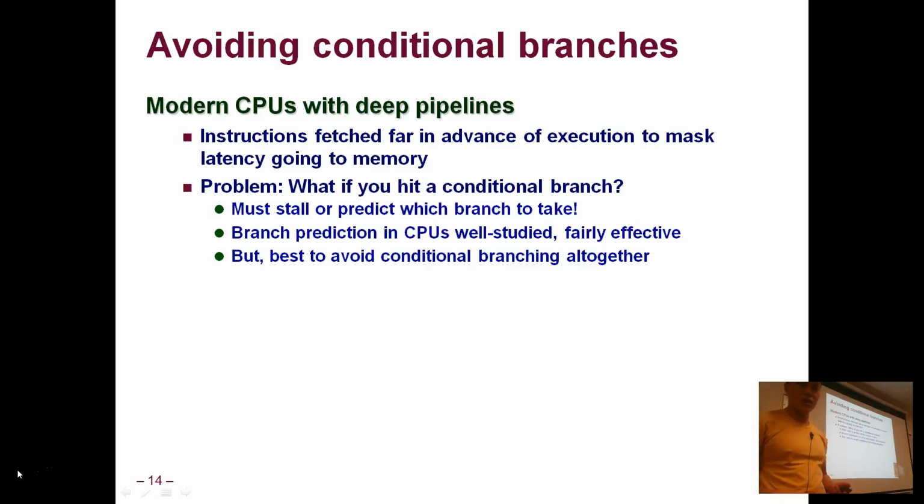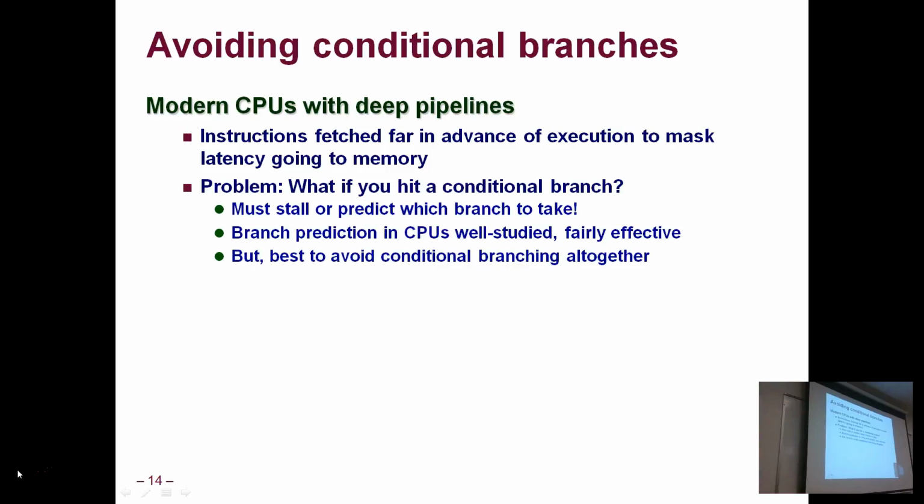Okay, so the next thing I want to talk about, we talked about conditional branches, and now we talk about why conditional branches are terrible. They're really bad for performance. One of the issues is that because memory is so slow now, you have to fetch instructions well in advance. Otherwise, you're sitting there waiting for that thing to execute. So the CPU is trying to fetch multiple instructions ahead of time before it even gets a chance to execute them.